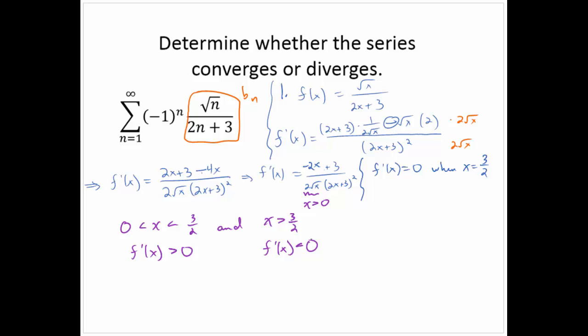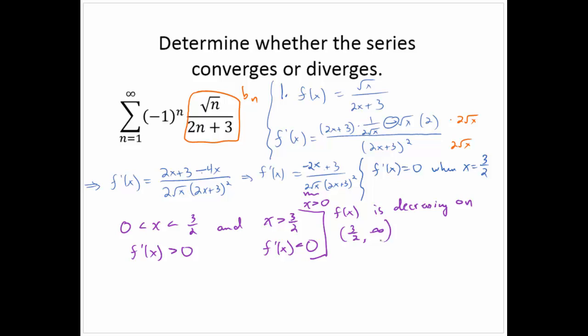And so what that tells me is f of x is decreasing on 3 halves to infinity. So what that means in terms of the sequence b sub n is that the sequence is decreasing from the second term on.